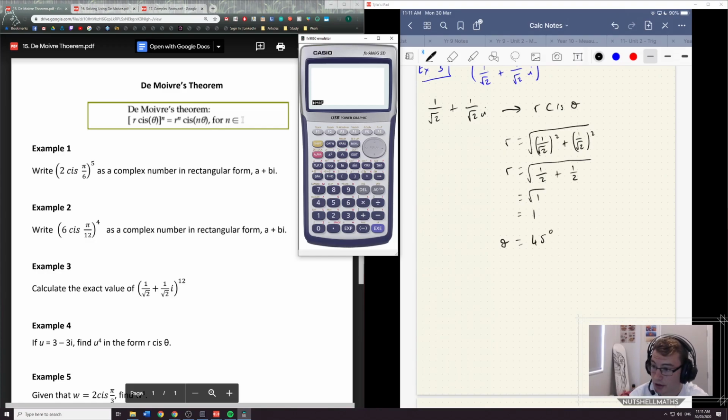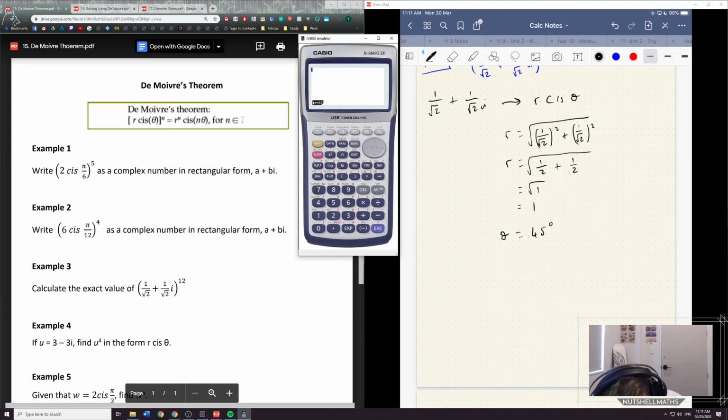So it's going to be 45 degrees. So I can write my r cis theta now equals 1 cis 45. If you want to do radians, you can do pi by 4.